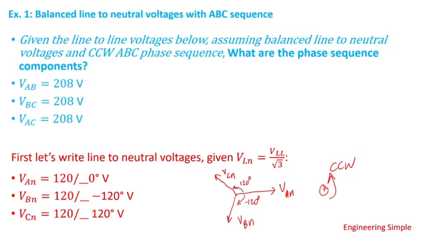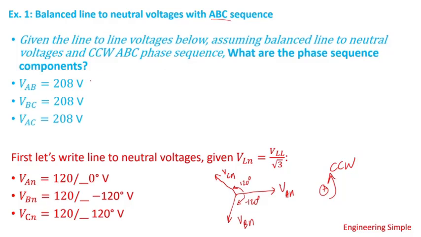So for instance, in example one, we have balanced line to neutral voltages with ABC sequence. Given the line to line voltages below, assuming balanced line voltages and counterclockwise ABC phase sequence, what are the phase sequence components? Meaning zero sequence, positive and negative sequence.